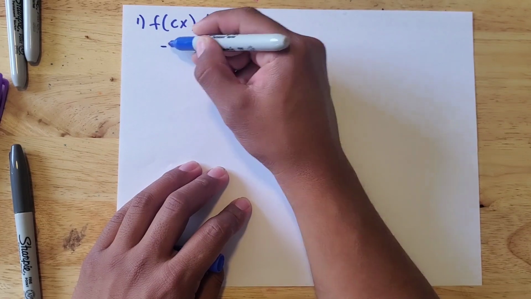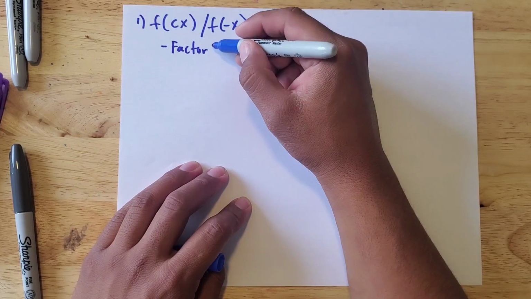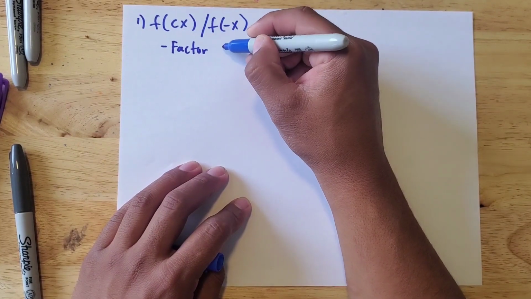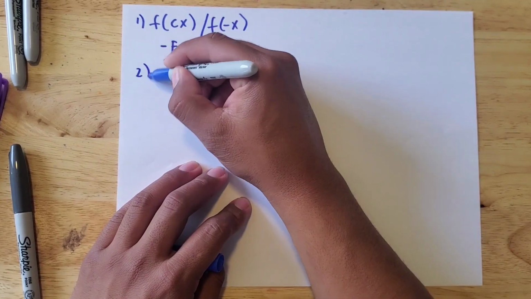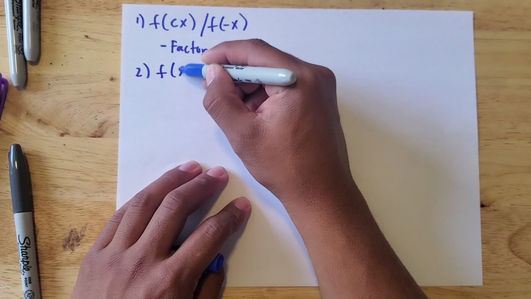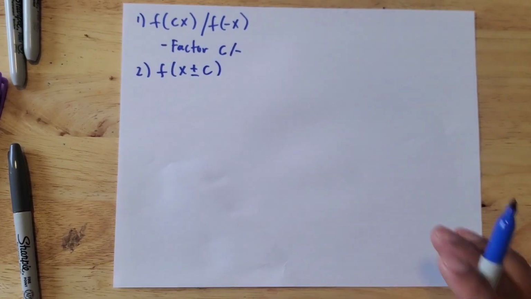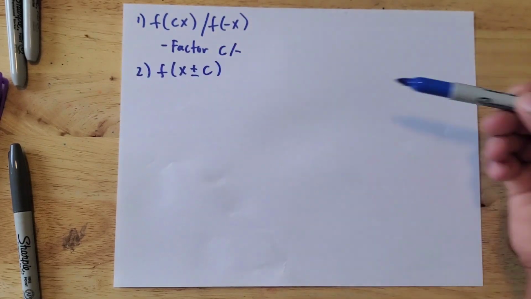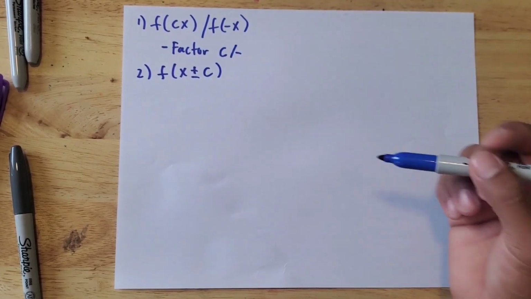We're not going to do this too much, but I'd rather have it here. Sometimes you can factor out the C and the negative. But if we don't see that, that's fine. And then we talked about the shifting. This shifts it horizontally left or right, where this does a stretch or shrink and this does a reflection.